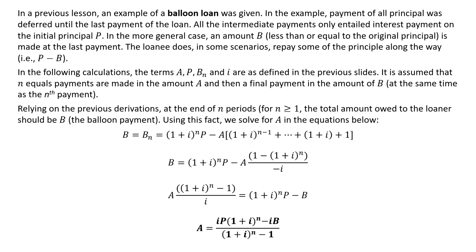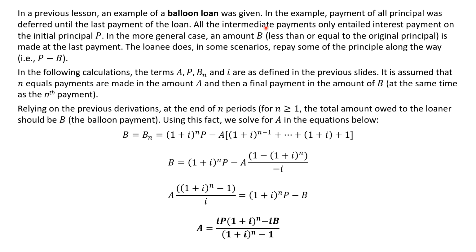In a previous lesson, I think it was the second lesson when I talked about simple interest, we had an example of a balloon loan. In that example, payment of all principal was deferred until the last payment. So we only paid interest along the way, and then the entire amount of principal was paid at the end. That was the balloon.